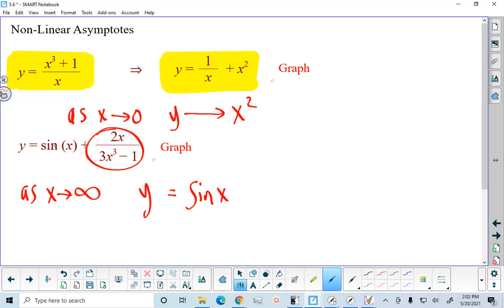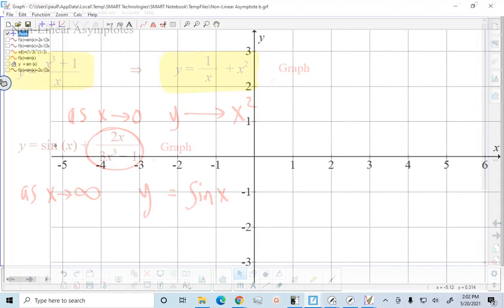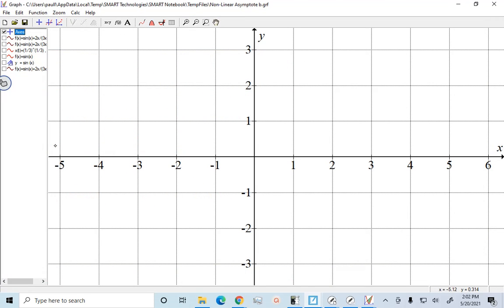What does that mean? Okay, well, let's take a look at the graph. That's what the graph of sine of x plus 2x over 3x cubed looks like. That's what the function looks like.